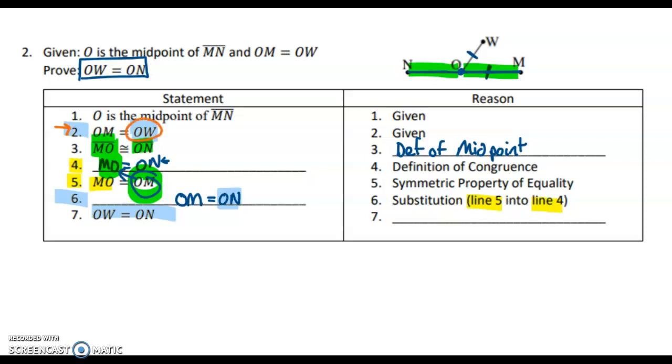So basically, they could take this OW, and since it equals OM, they can swap it out for that OM. They can just do a trade. That's substitution. So they put the OW right here instead of OM, and they still have equals ON. They substituted it in. And they took it from line 2 and put it into line 6. And that's how they gave us line 7.